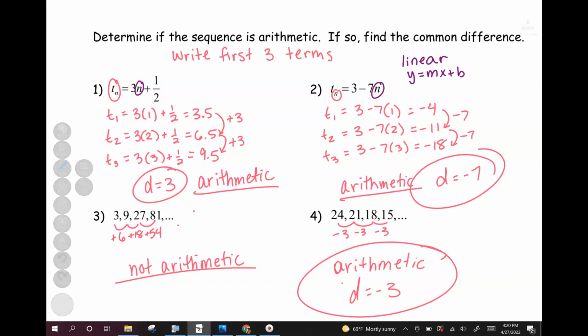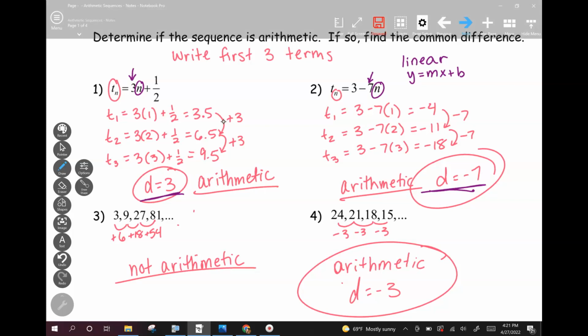There's always going to be a common difference when you just have a linear equation. Also notice that your d, your common difference, was actually just the slope of that linear equation, right? It's the number in front of the n that ends up being your d. Just something to notice there.